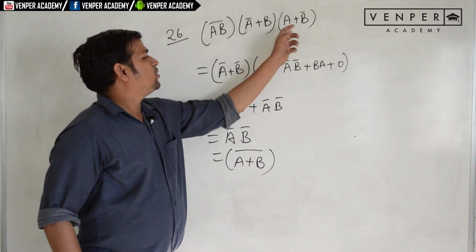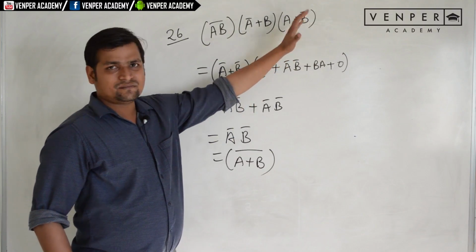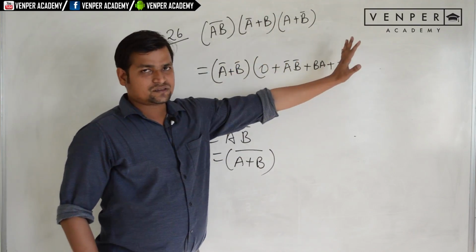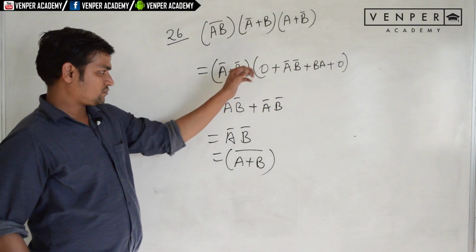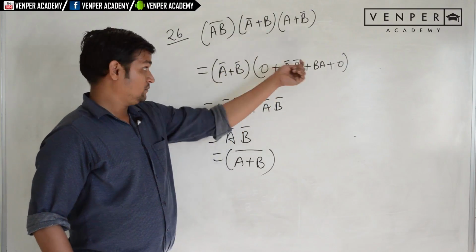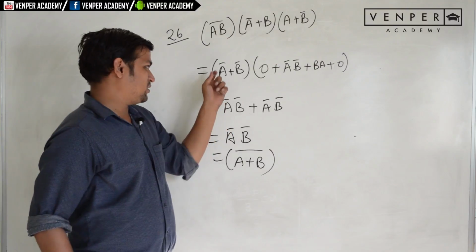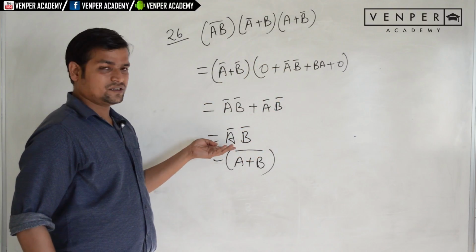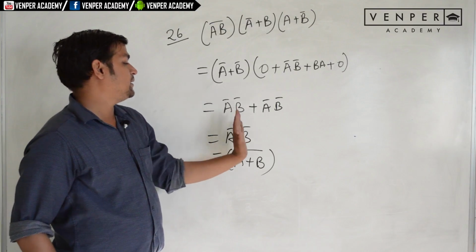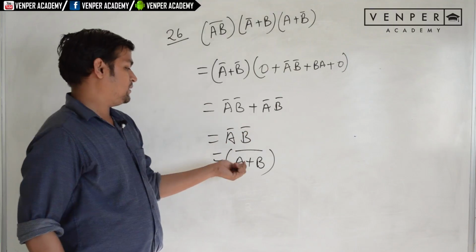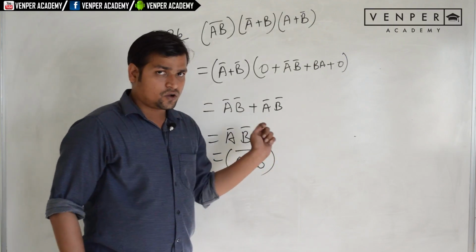On solving, A bar A we know is 0, then BA, just write all these things. After that, what you will get is A bar B bar, because A bar is the same A bar. And A bar B bar can be written as A plus B whole bar. So actually this is a NOR gate.